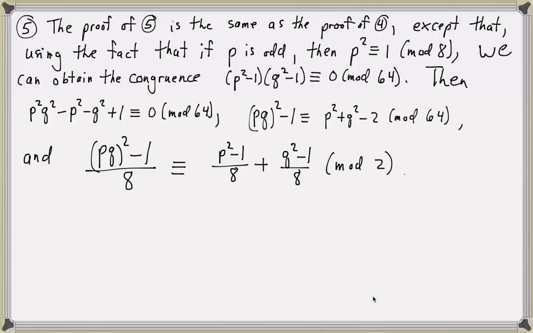So using this last congruence and the formula for the Jacobi symbol 2 over p for a prime p, we can finish off the proof of property 5 for the Jacobi symbol.